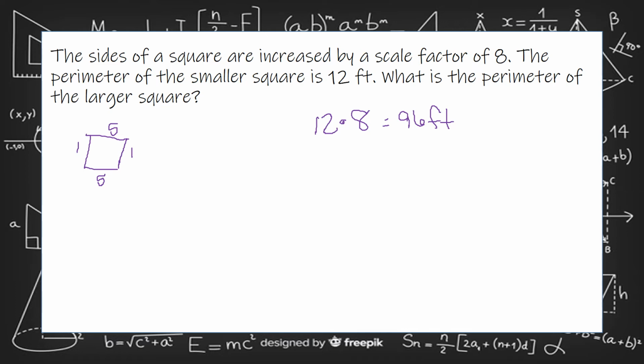Okay, if they are all increased by a scale factor of 8, that means 1 times 8 is 8. 5 times 8 is 40. So let's check. 40 plus 40 is 80, plus 8 is 88, plus 8 is 96. So our answer does make sense and is correct there.